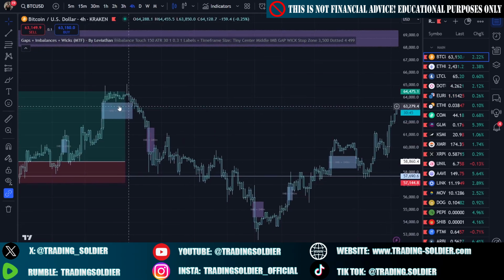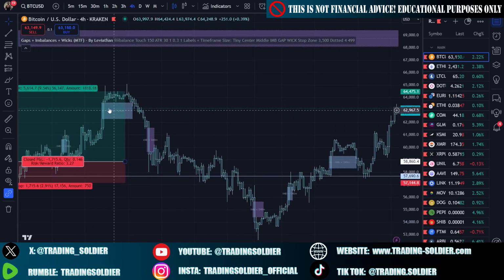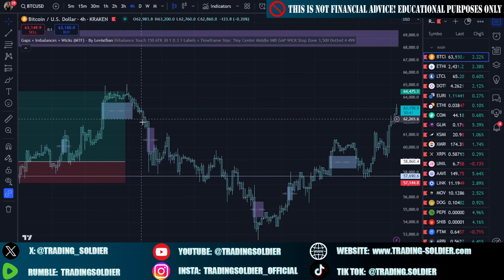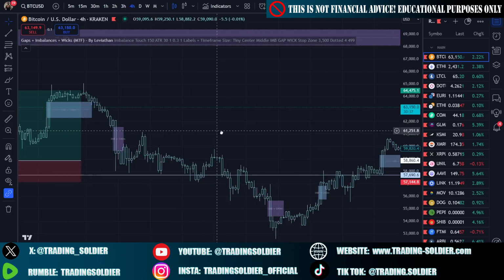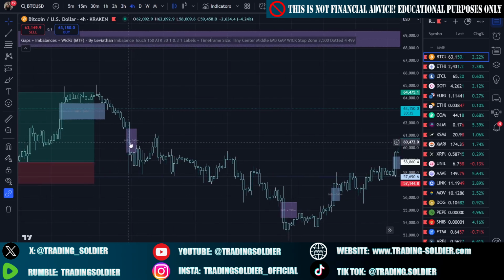Another example, for example, here the price pumped, generating an imbalance, then the imbalance got filled, and then the momentum flipped to bearish. Okay, you can see this candle leaving a bearish imbalance, confirming that the trend was switching to bearish, because this bullish imbalance was completely filled, and then here this candle confirmed that the momentum was bearish.